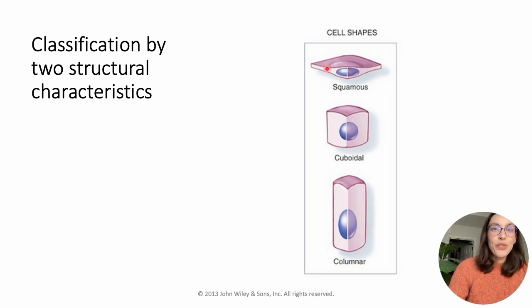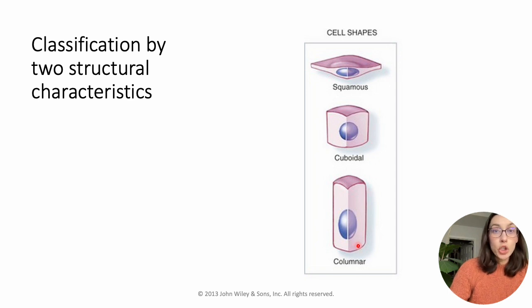But there are very, very flat cells. They look like a fried egg, with the yolk being the nucleus. The nucleus is the least flat part, but everything else is almost like there's nothing there. It's so flat. That shape of cells is called a squamous epithelial cell. Cells that are about as tall as they are wide, and have a circular-ish nucleus that's about in the middle, are cuboidal epithelial cells.